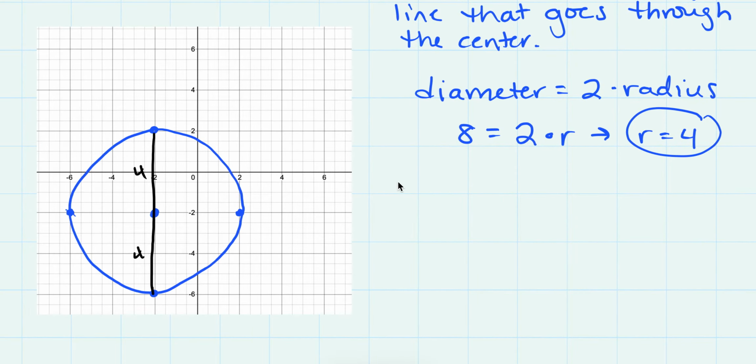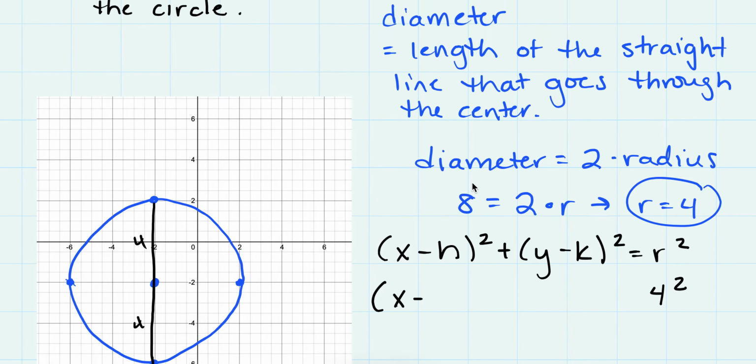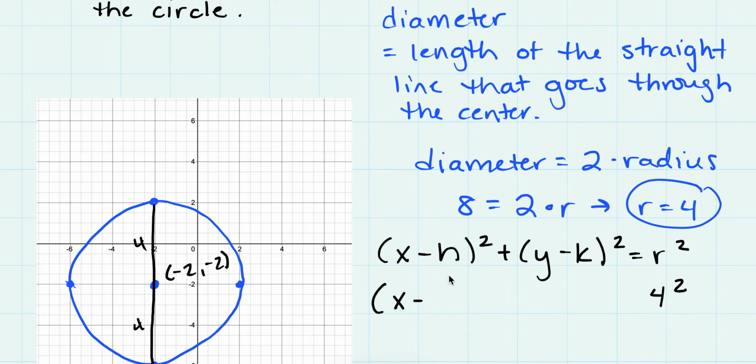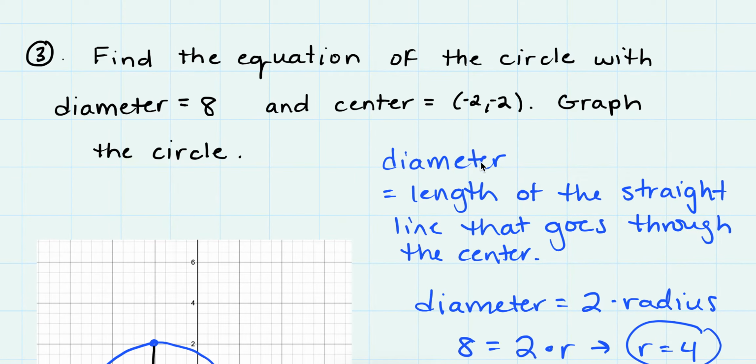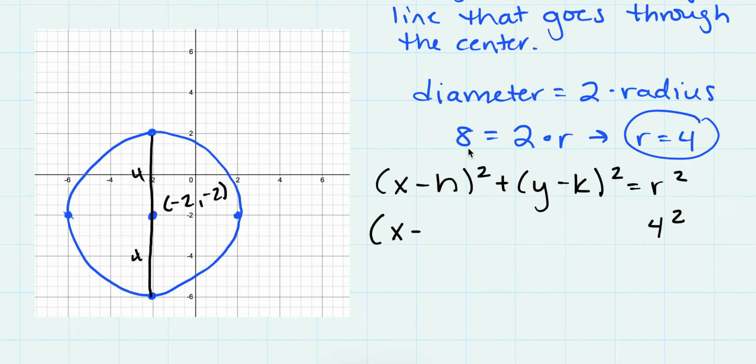Again, the standard form of a circle is x minus h squared plus y minus k squared is equal to r squared. R here is 4, so we put 4 squared. Then x minus, well, let's go back. This point here is -2, -2. So we're going to plug in -2 for x, for this h, and -2 for k.